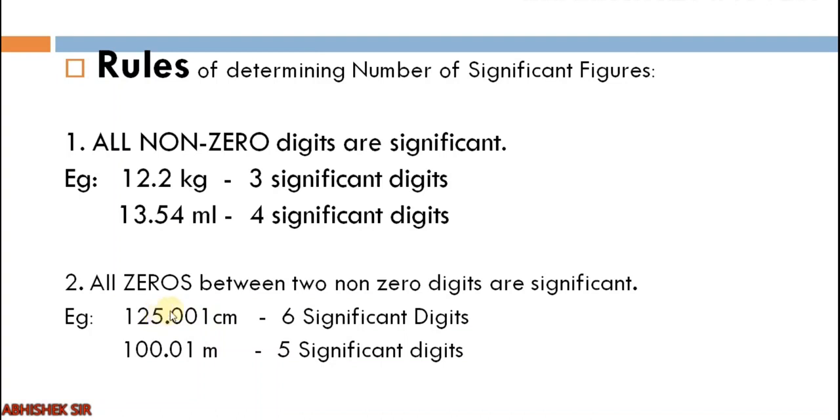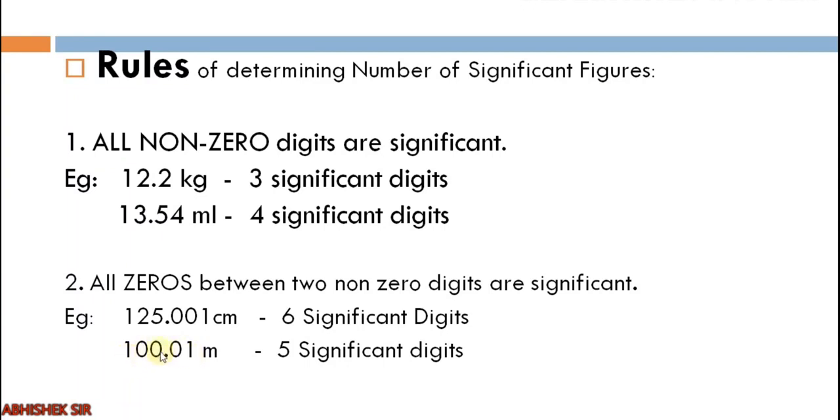Between 5 and 1 there are two zeros. Both zeros will be considered significant. So in total 1, 2, 3, 4, 5, 6, all are significant digits, six significant. In the next example, you see 100.01. At the starting also there is a non-zero 1, and at the end also there is a non-zero.